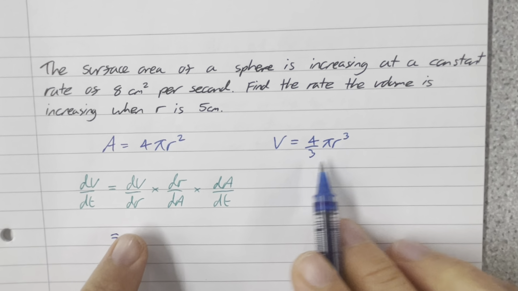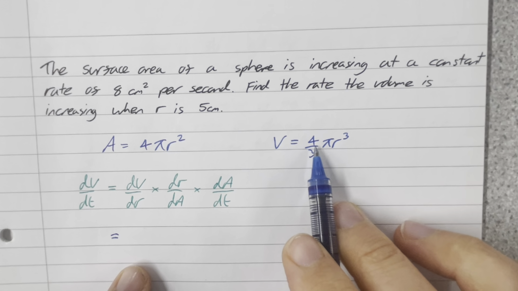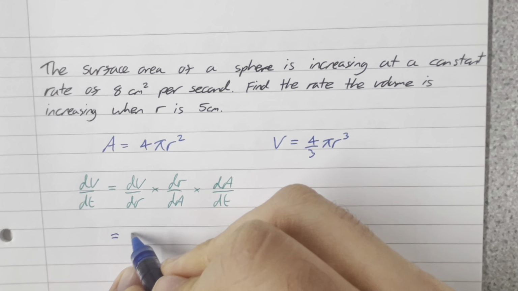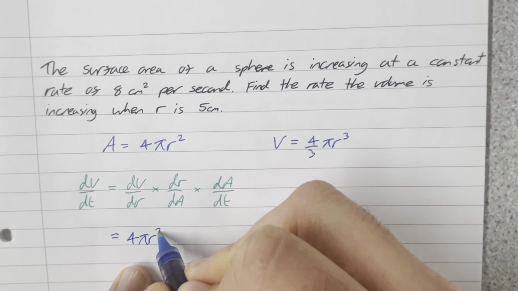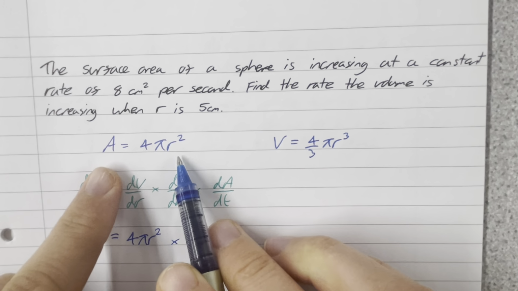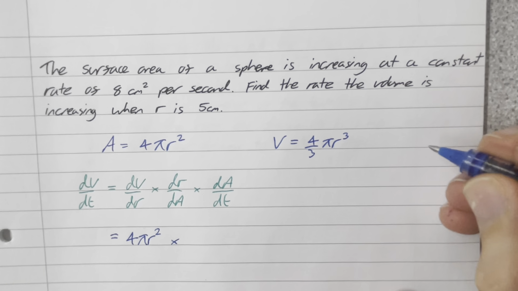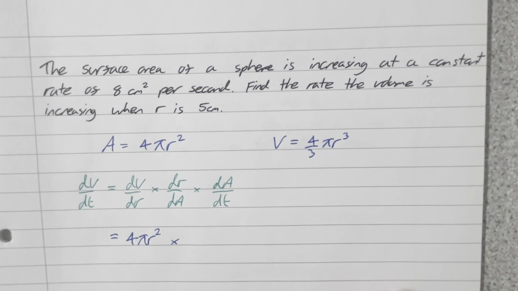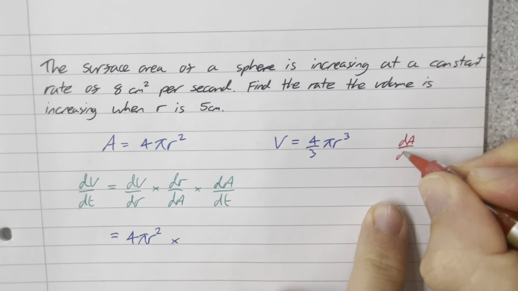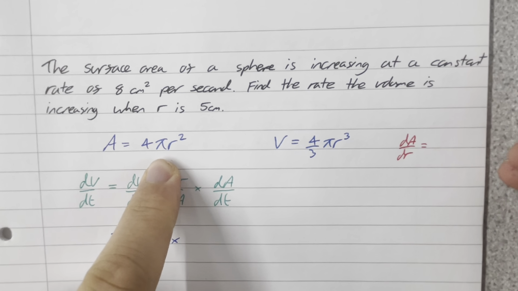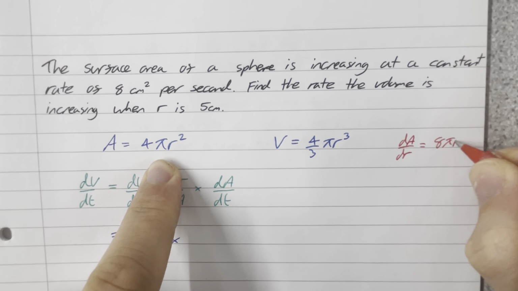So dV by dr, that's going to be 4 pi r squared. dr by dA, well, I can find dA by dr. So let's do this over here. dA by dr is a differential of that, which is 8 pi r.